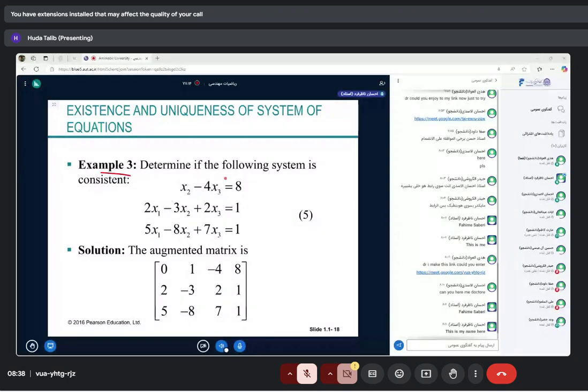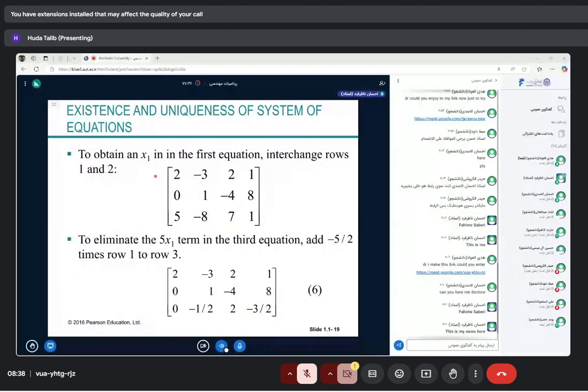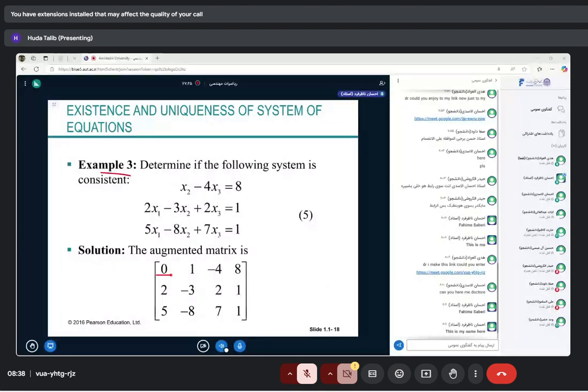So determine if the following system is consistent. If we constitute the augmented matrix corresponding to this one, we have this augmented matrix. This is very easy, because if you pay closer attention here, we have this 0.